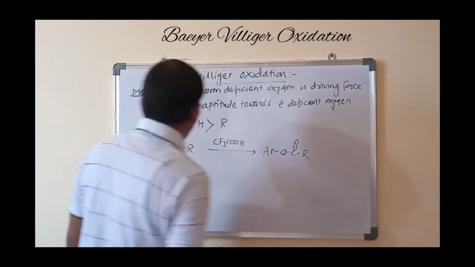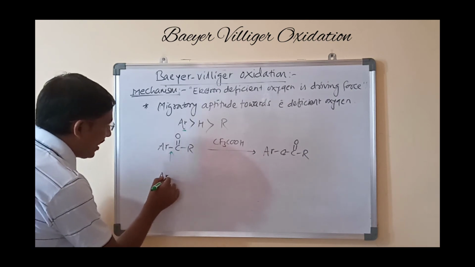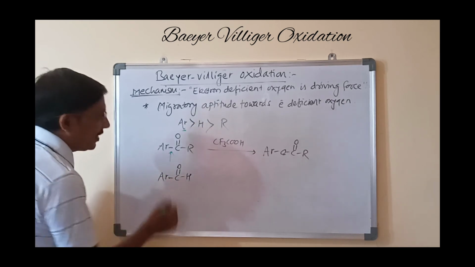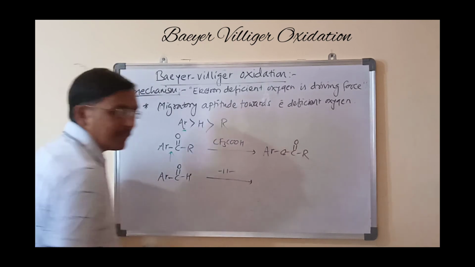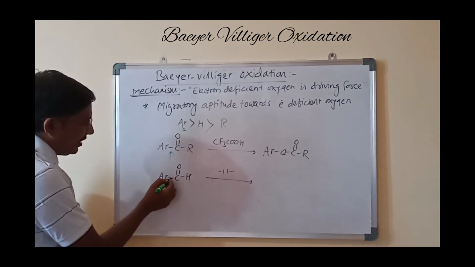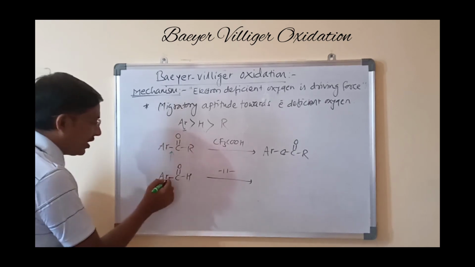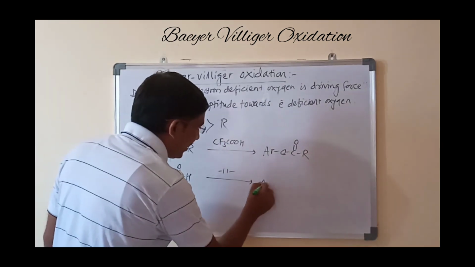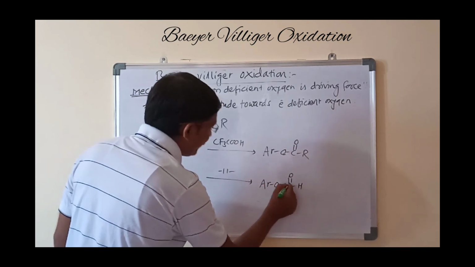Another example, if we take Ar CHO, then again in presence of the same reagent there will be more preference to the aryl group, hence oxygen will be inserted in between the aryl and the carbonyl. We get this one.